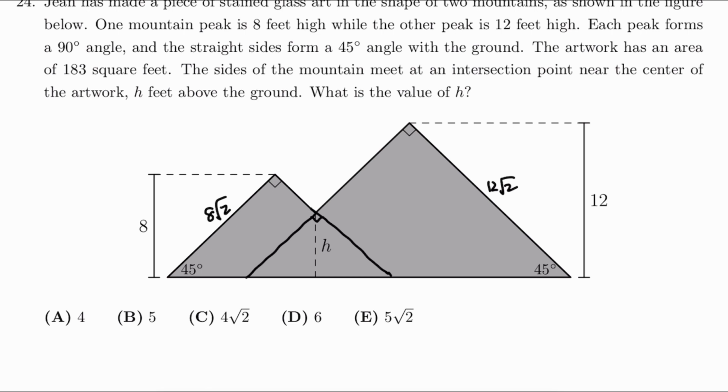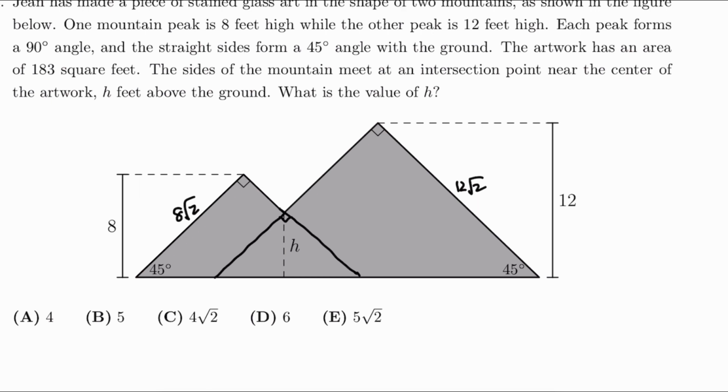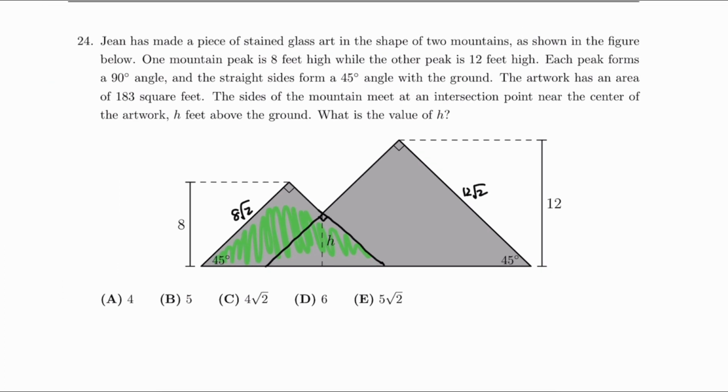You might think, let's just calculate the area of this triangle first. And the area of this triangle is calculable. That is 8 root 2 times 8 root 2 over 2, which is 64.